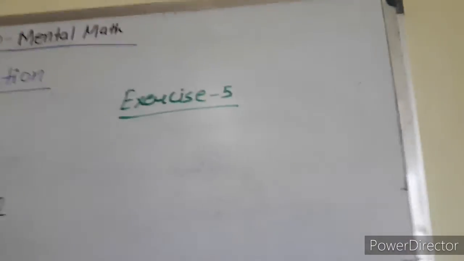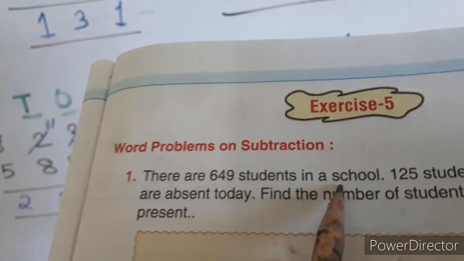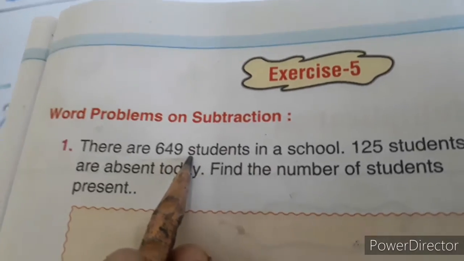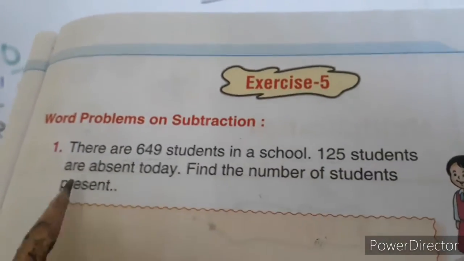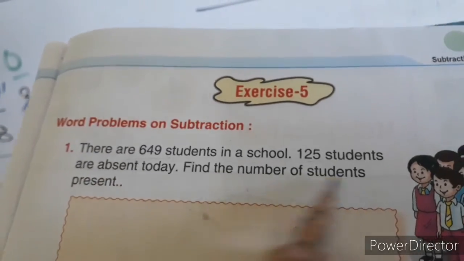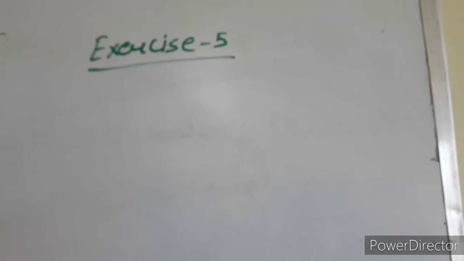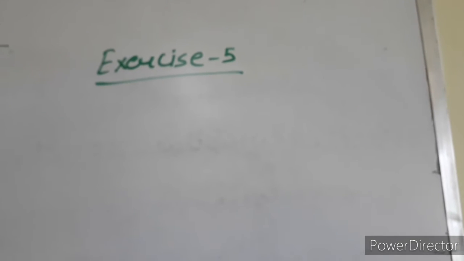Just read the question. Question number 1. In a school, the number of students is 649. 125 students are absent today. You have to find the number of students present. So first, you have to write in sentences.